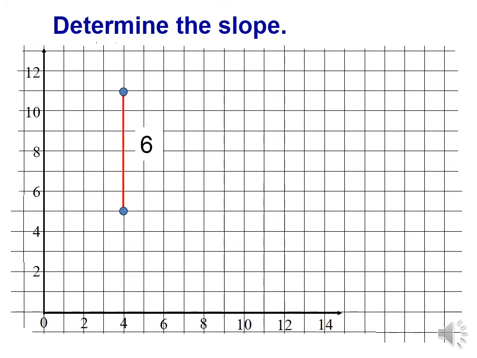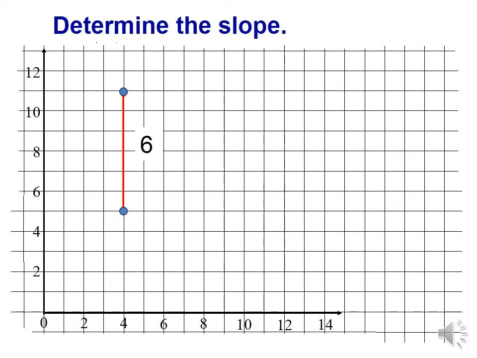Here we have a vertical line, or a line parallel to the y-axis. The first point is (4, 5) and the second point is (4, 11). As we said before, if the line is parallel to the y-axis, the value of x2 equals the value of x1. Let's find the slope of this straight line. The slope equals change in y over change in x.